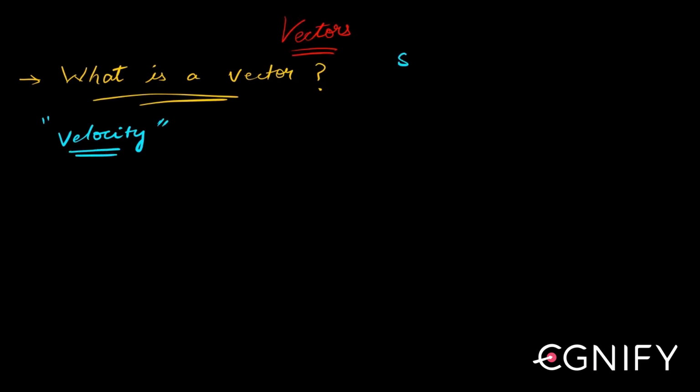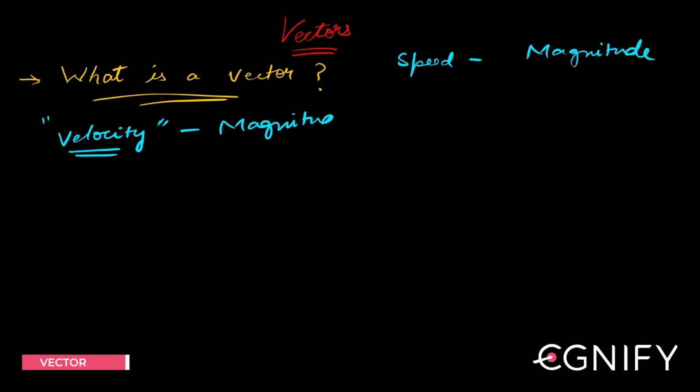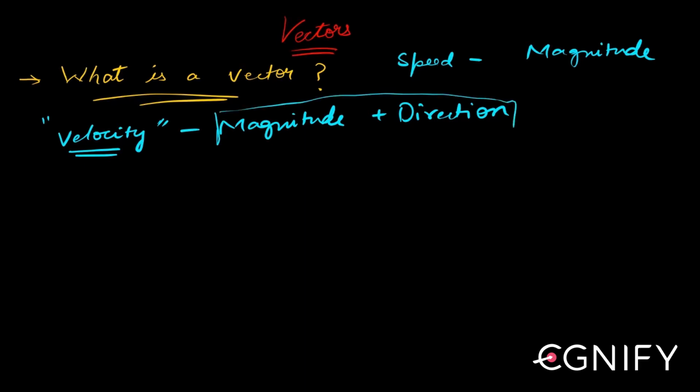You would have seen speed, and you would have seen that speed only has magnitude, but velocity has both magnitude and direction. You would have seen all of this before. So this will actually help me form a basis of your understanding here, since you already know this.